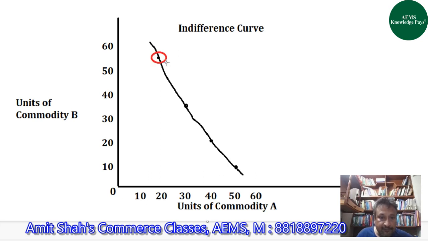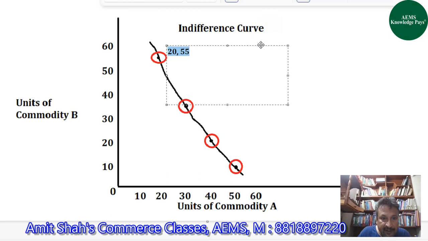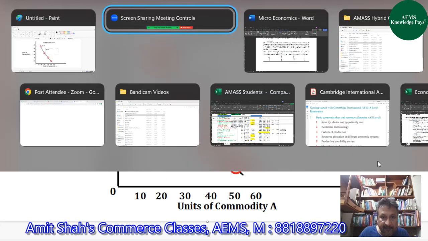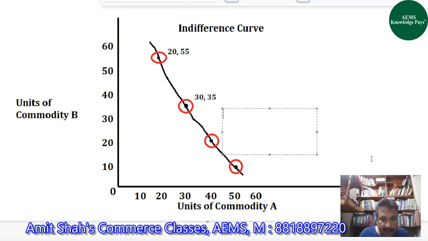Have you made this, guys, all? So at this point, guys, we have 20 units of commodity A and 55 units of commodity B. At this point, we have 30 units of commodity A and 35 units of commodity B. At this point, we have 40 and 20 of the two commodities.